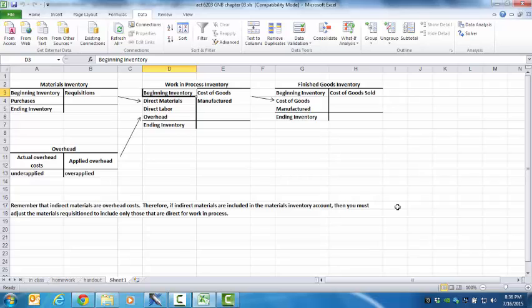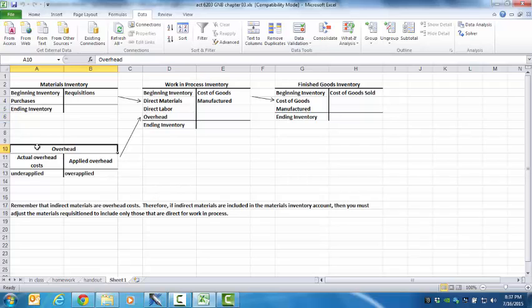For example, if I'm a restaurant, I'm probably not going to keep a steak on the grill all night and then finish it up tomorrow. That would violate several health codes, not to mention just make it inedible. So some places have beginning inventory and some don't. But you would add the materials that you requisition, you would add some labor, and you're going to put your overhead here. Now I need to talk a little bit more about the overhead.